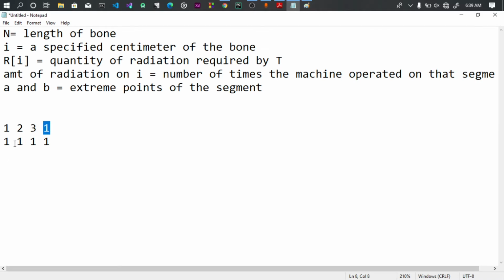And any of these segments that has been filled up to its maximum number of radiation, we will not consider that hole again. So that is what we'll do till everything gets to its maximum number of radiations.